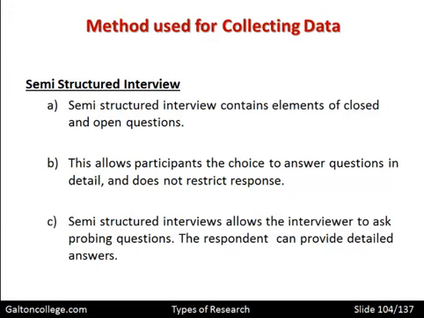Semi-structured interviews allow the interviewer to ask probing questions. The respondent can provide detailed answers.